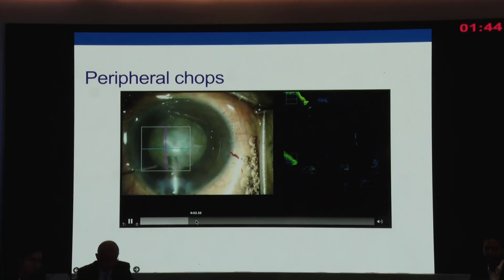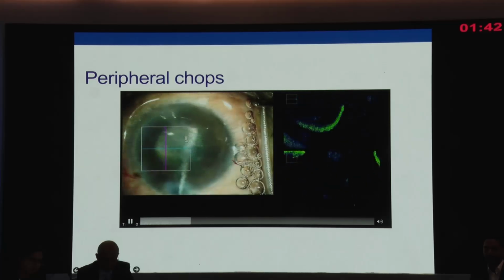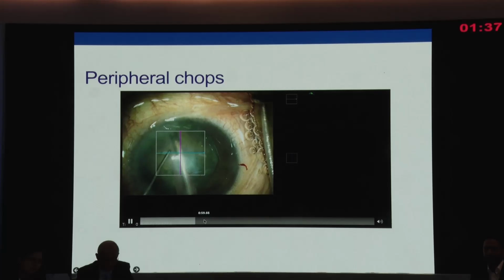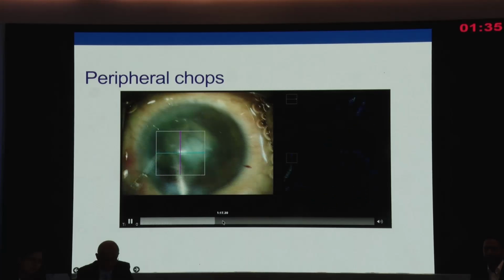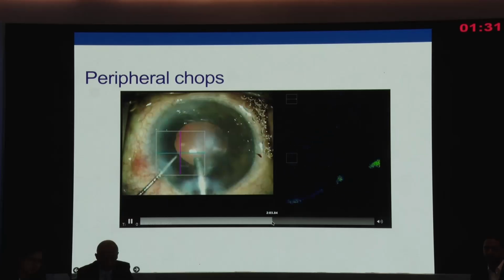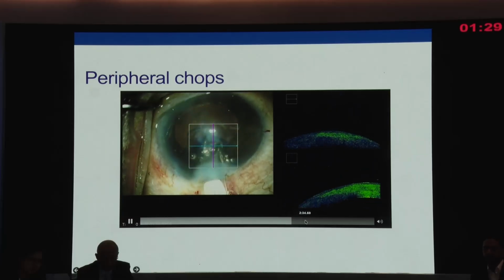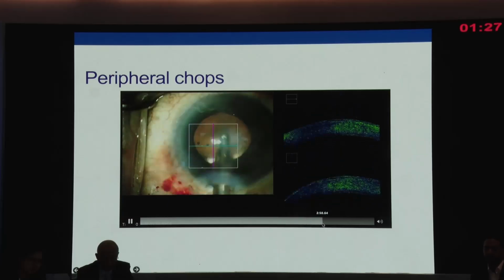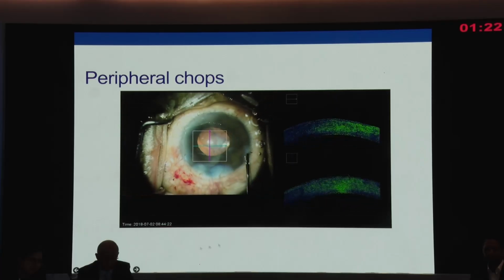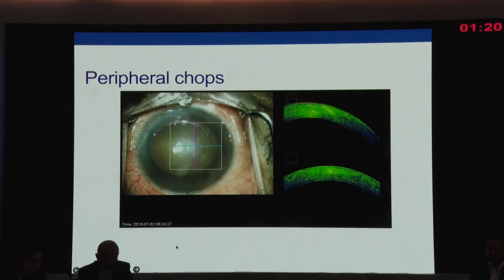So when you give those peripheral chops, it will not keep springing up into the capsular bag, and it will kind of get paralyzed, and then one of these wedges can be removed, and then the rest of the wedges will follow. So this is a small trick just to see that your cataract doesn't keep coming up and impede your chopping maneuver.